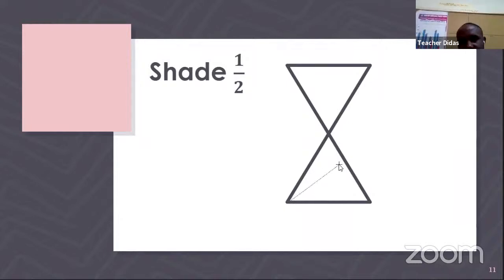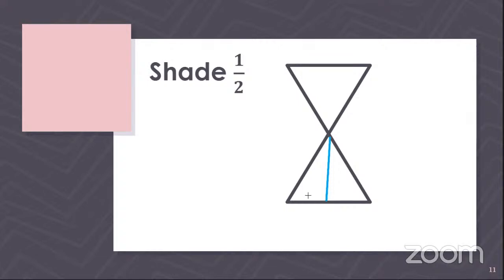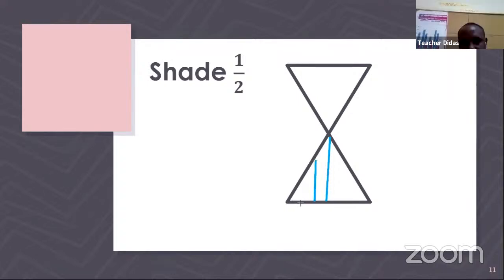Oh, I wish I could change the shading. Let me see if I could change the shading. Mulungi, are you on? Yes. I think I'm done with the shading, isn't it?